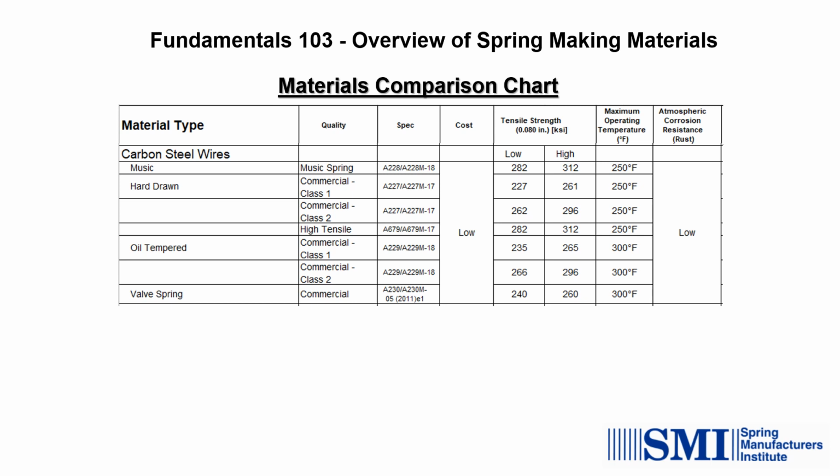The following slide contains material comparison charts. This chart is for carbon steel wires. Materials are shown by material type, quality level, specification, relative cost, tensile strength, maximum operating temperature, and atmospheric corrosion resistance.